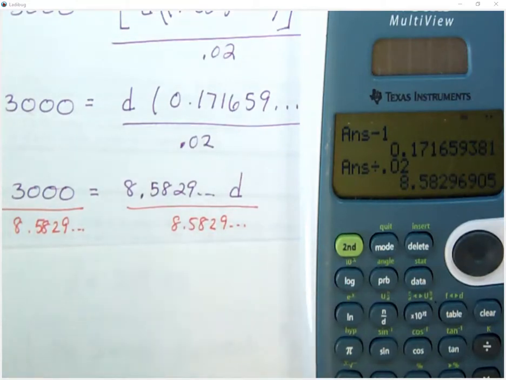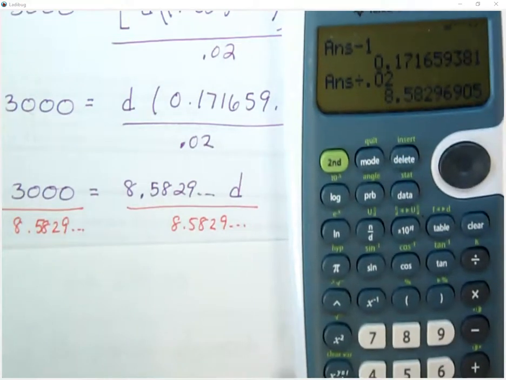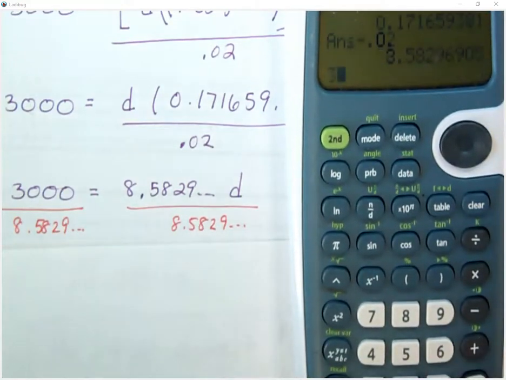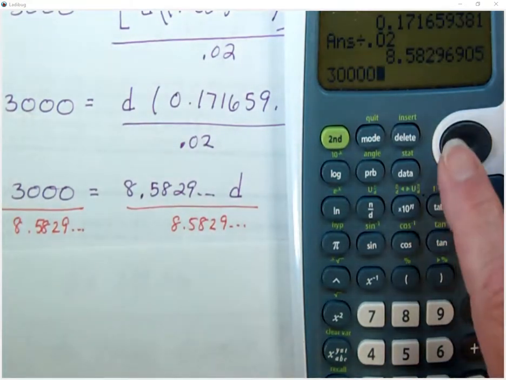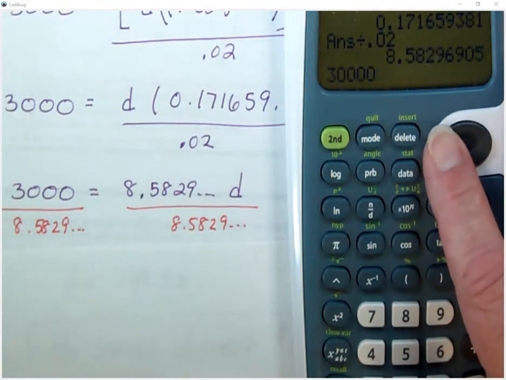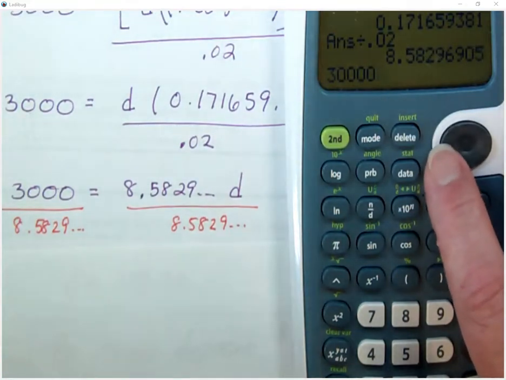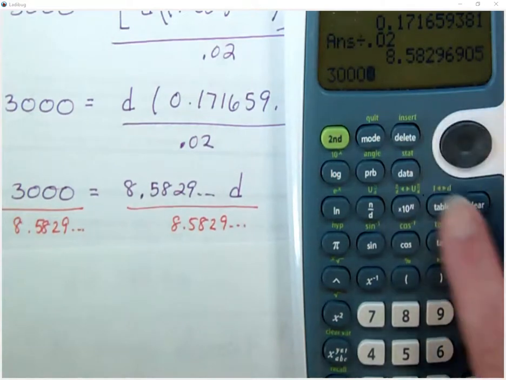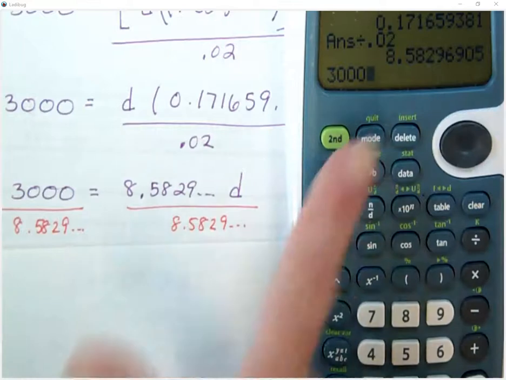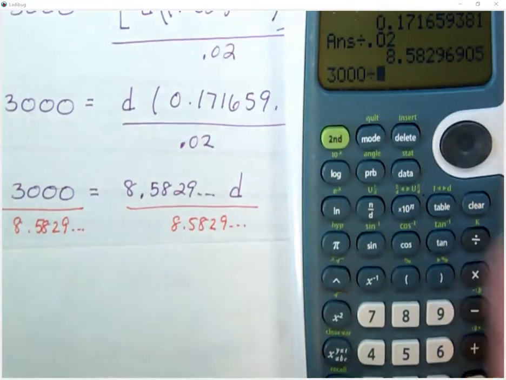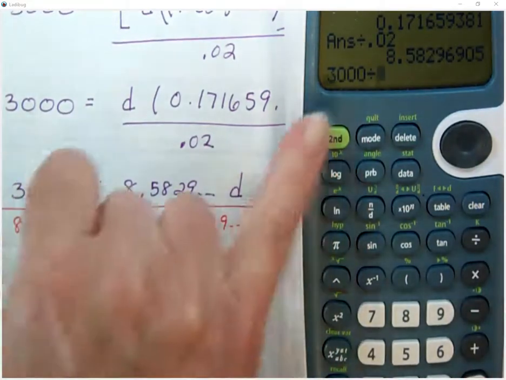And so on this, I'm just going to hit the 3,000. And I got an extra 0 in there that I don't need. So to get rid of that, I can use this little key there and hit delete so I don't have to redo everything. If I did have to clear, it would go up to the next line. And my answer would still be held from before.